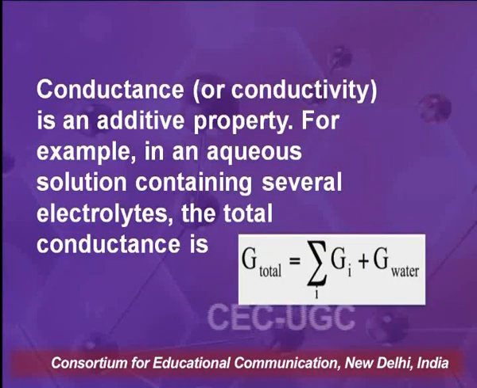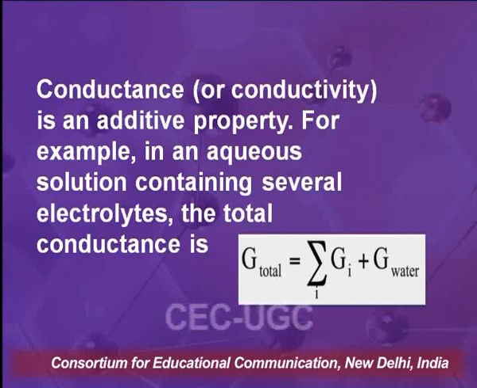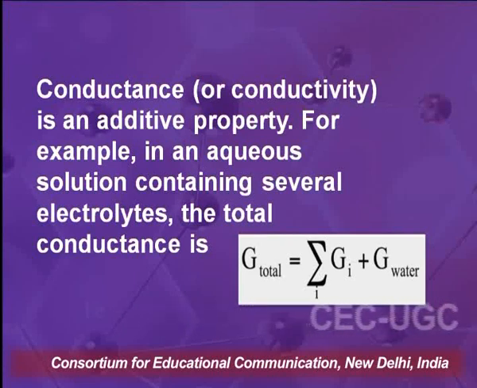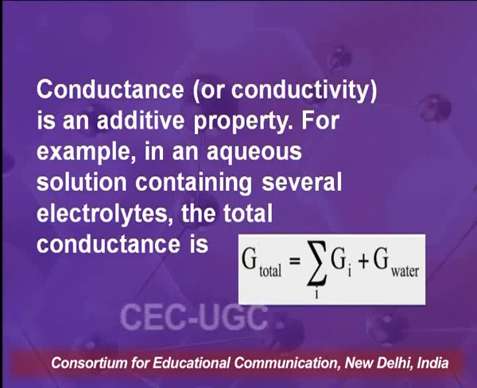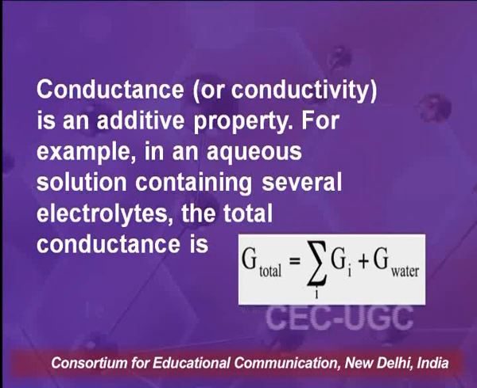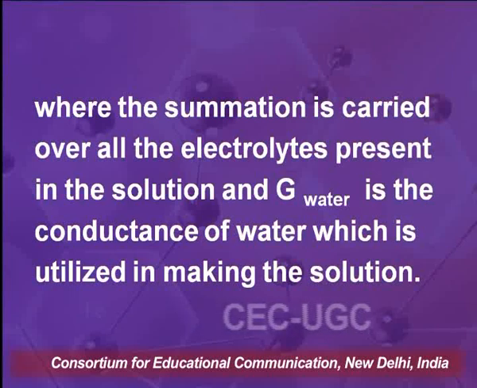Conductance or conductivity is an additive property. For example, in an aqueous solution containing several electrolytes, the total conductance G total is equal to the sum of the conductances of all the electrolytes, written as summation of Gi plus G water, which is the conductance of water used in making the solution.